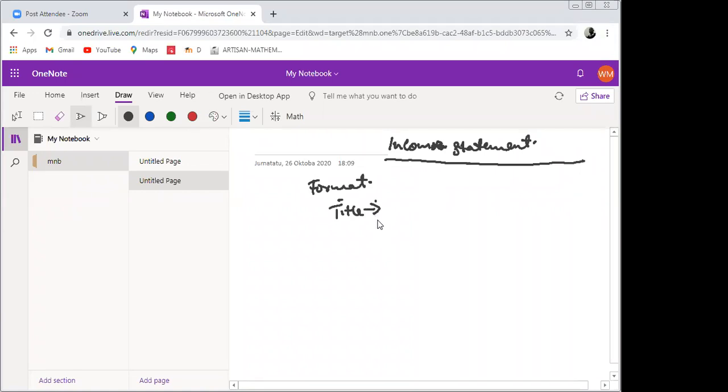In the title part, we normally capture the name of the business, we also capture the name of the statement, and lastly, we capture the date when we are preparing this statement. So it can be John Trader income statement for the year ended a certain date as you are given in the question.